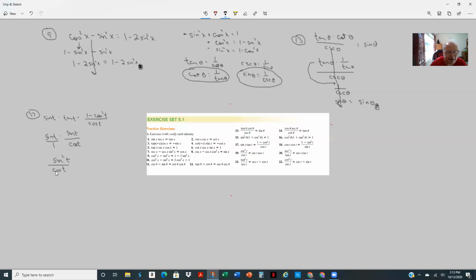It's the same thing. So the top here is sine squared, but the top up here is 1 minus cosine squared. Are those the same thing? And it is, because sine squared is the same thing as 1 minus the cosine squared. And that, my friends, tells me I'm done. So I just changed sine squared to 1 minus cosine squared, and that is the right-hand side.